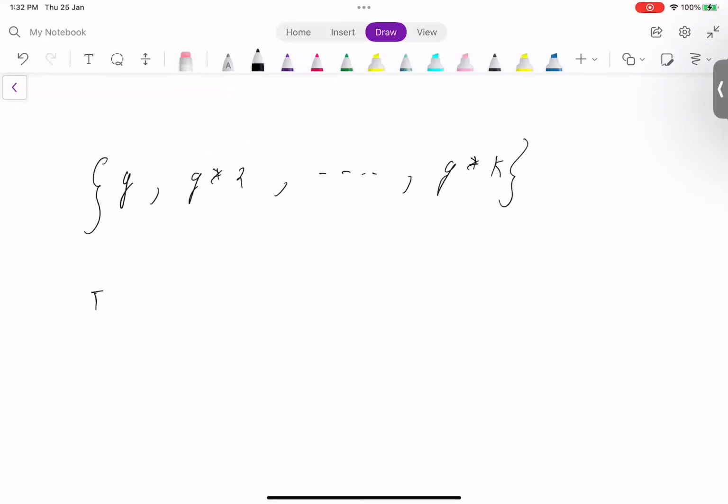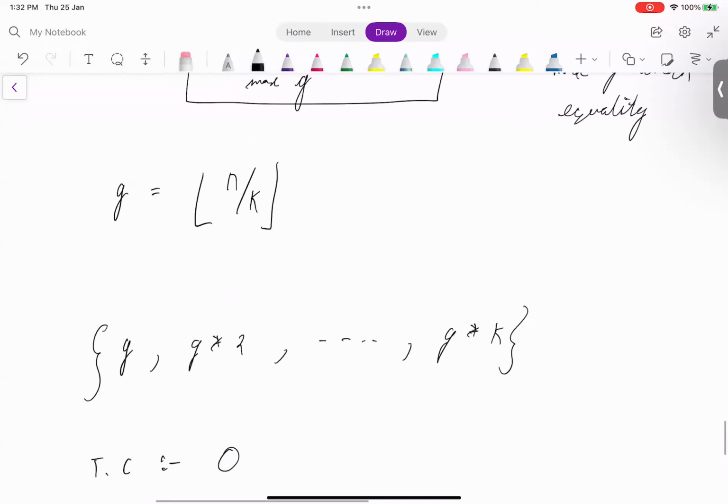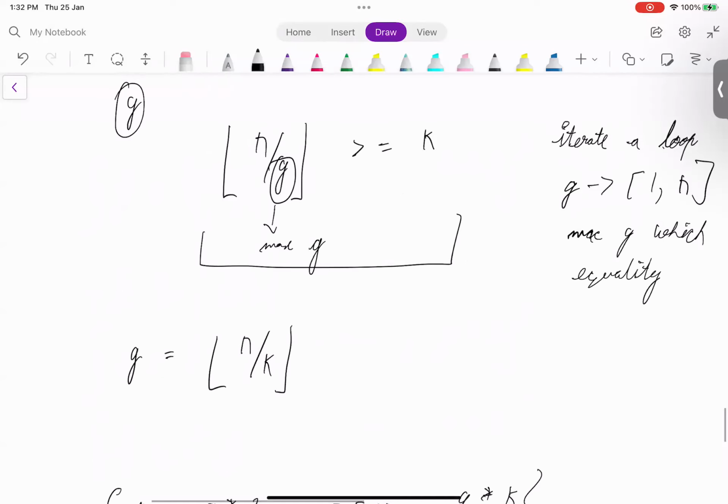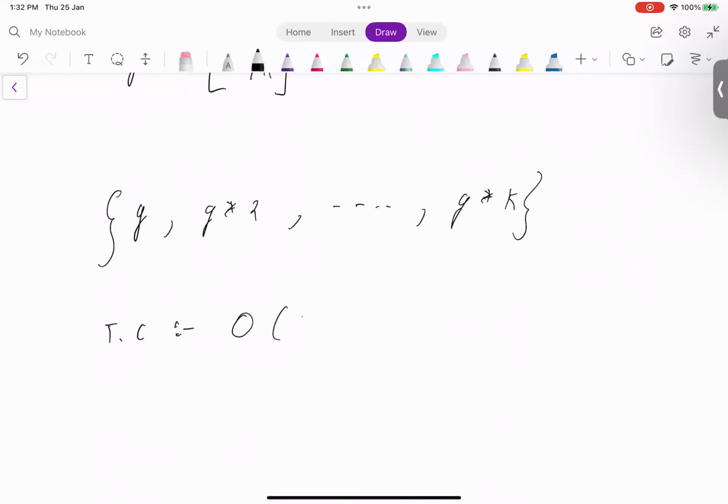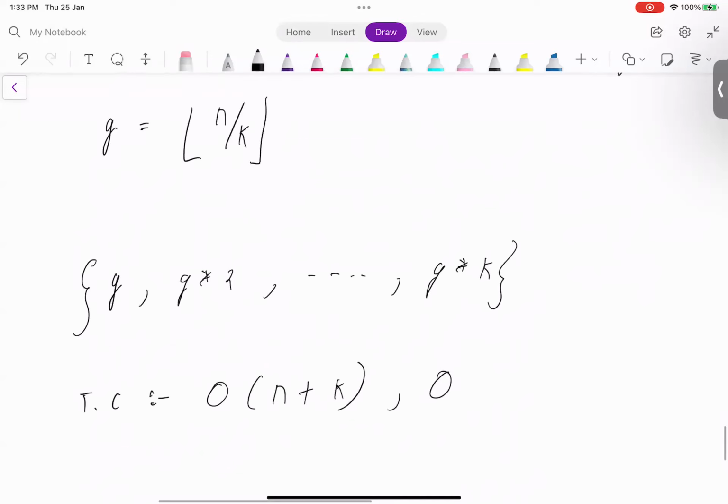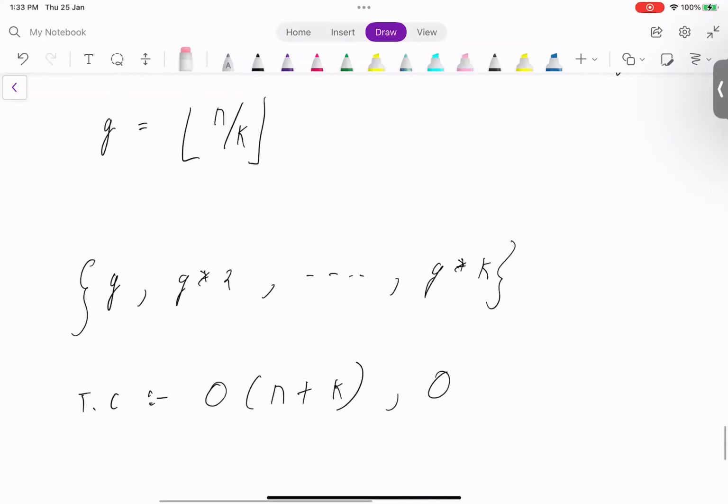If we look at the time complexity, if we use a loop and find the maximum G from the inequality, then the time complexity will be big O of N plus K. Else, if we just use the floor of N by K, it would be big O of K only.